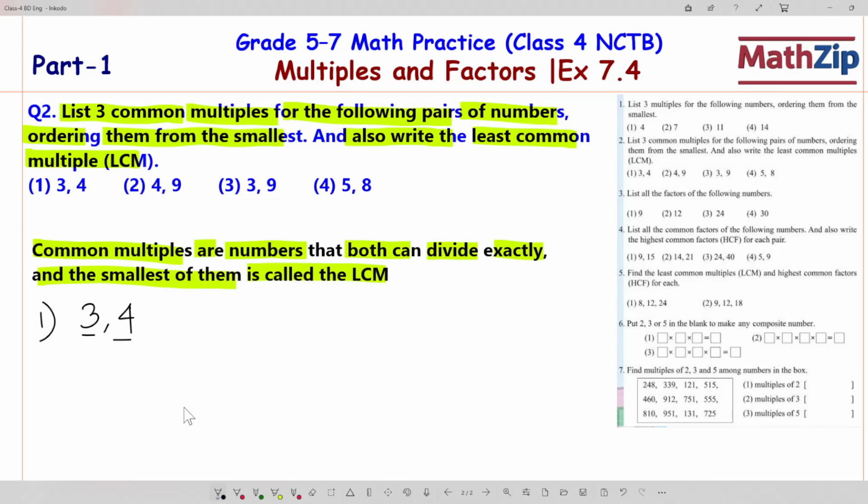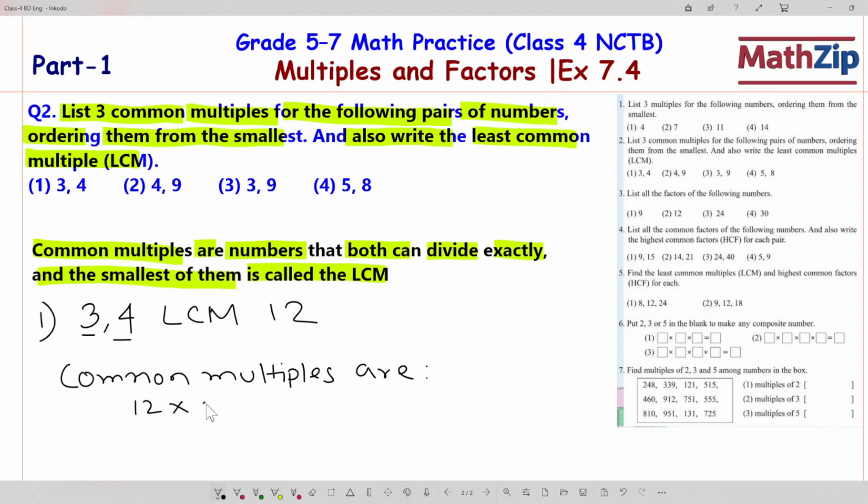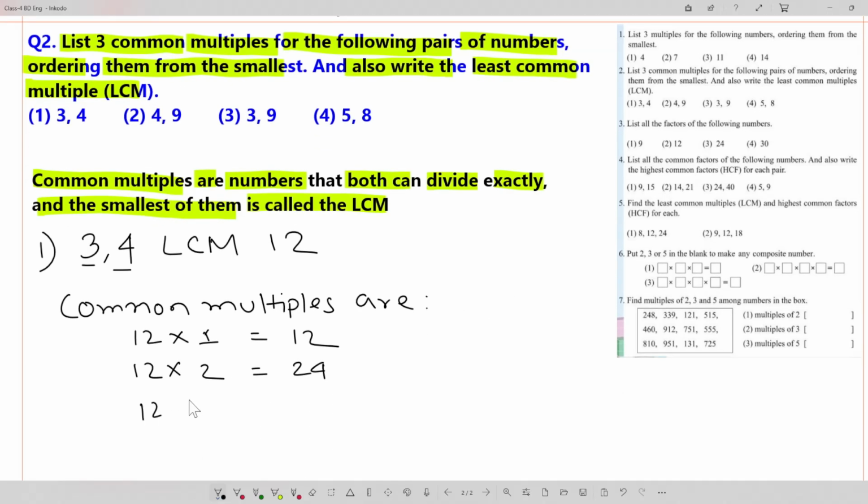For 3 and 4, the LCM will be 12. So common multiples are: 12 times 1 equals 12, 12 times 2 will be 24, and 12 times 3 will be 36.